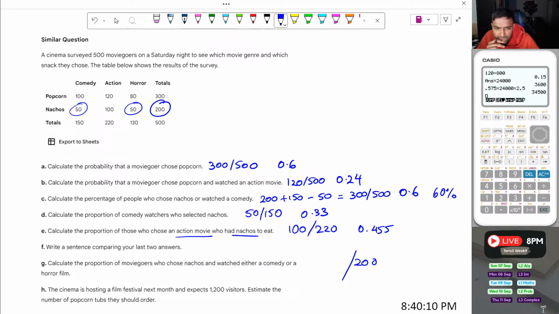No, I actually did this wrong. Hang on. Proportion of moviegoers who chooses nachos and watched either a comedy or horror film. So when it says proportion of moviegoers, that's actually 500. And then if I look at who chooses nachos and watched either a comedy or horror, that's 50 and 50, which is actually equal to 100. So the proportion should be 0.2.